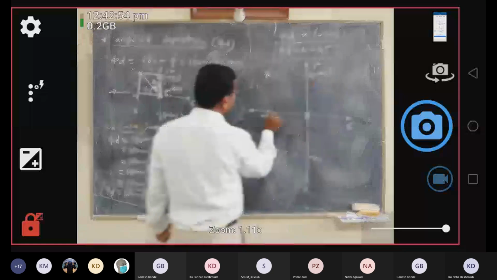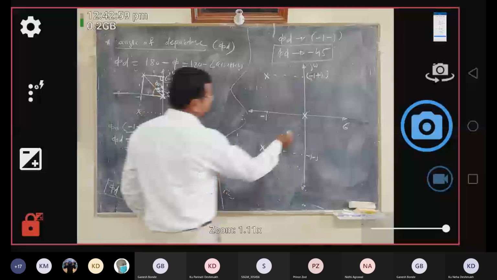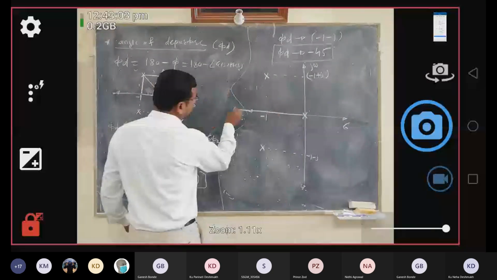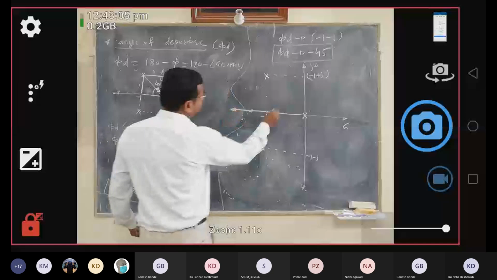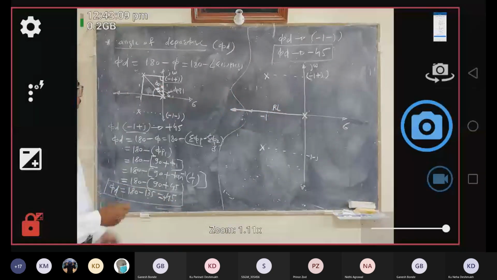Yes, this could be -1 plus j. Okay, then next step. This is a part of the root locus. Okay, and locate the centroid.